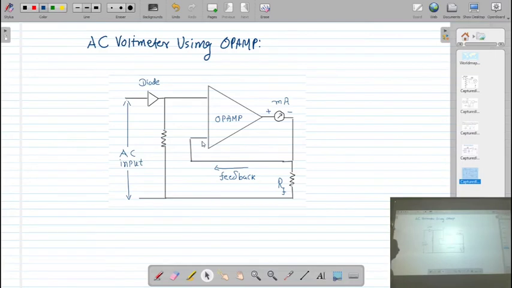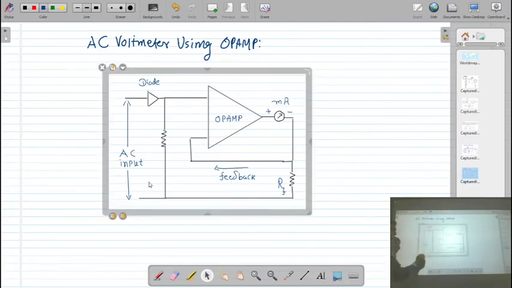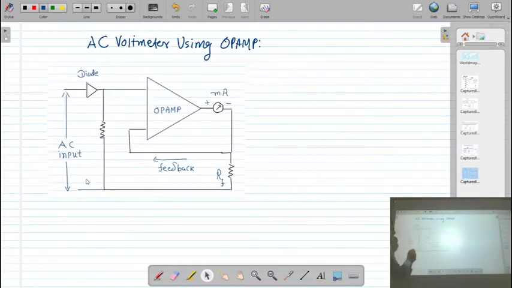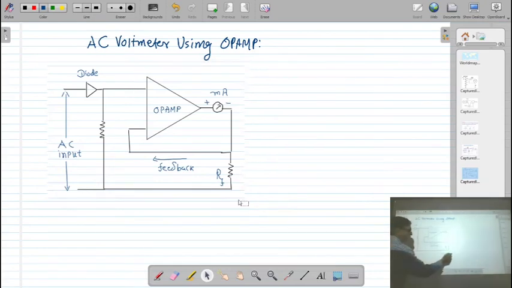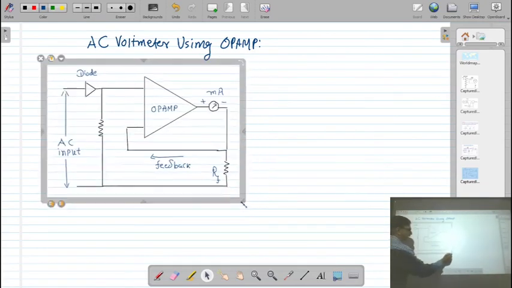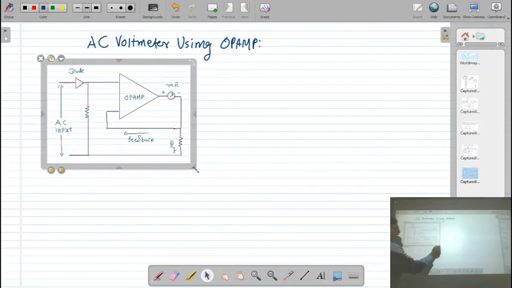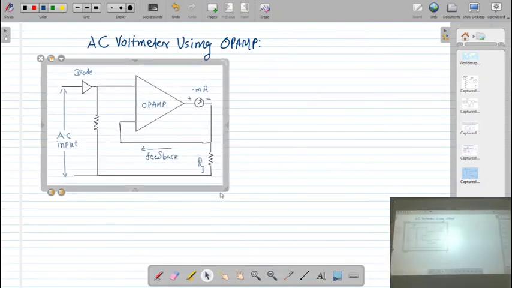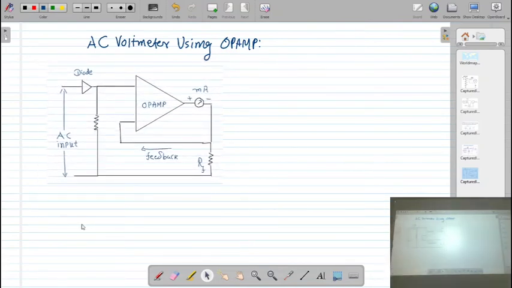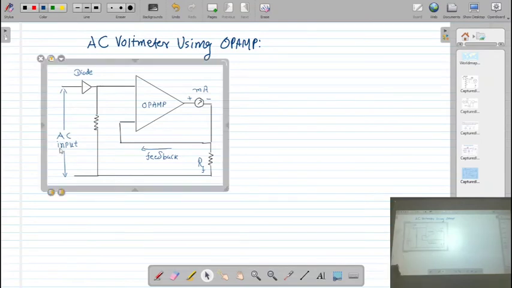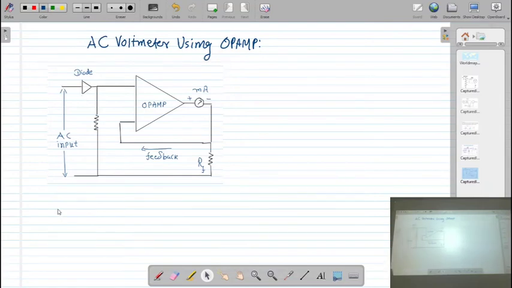So here we have a simple circuit. You can see at the input we apply the AC voltage and the diode is there, so it is working as a rectifier circuit.